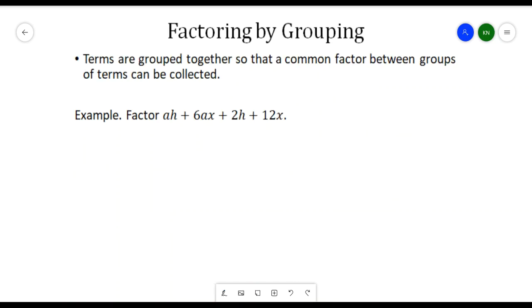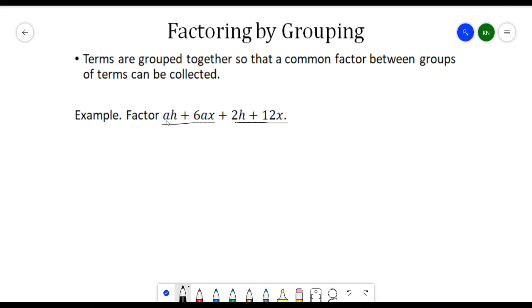Okay, the last method for factoring that we'll be discussing in this video is factoring by grouping. Terms are grouped together so that a common factor between groups of terms can be collected. So for example, we have to factor ah plus 6ax plus 2h plus 12x. Now, we'll partner this one and we'll also partner this one. Now, we need to apply the greatest common factor between the terms.